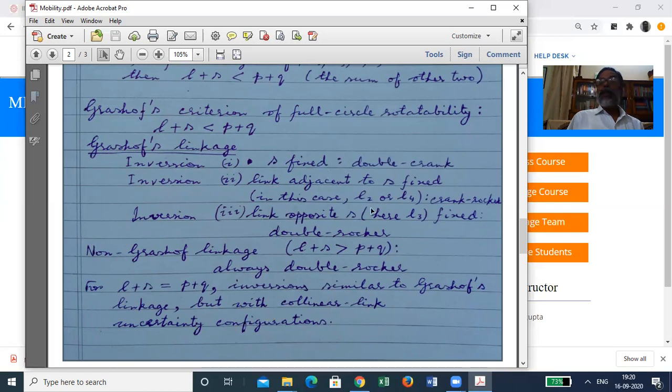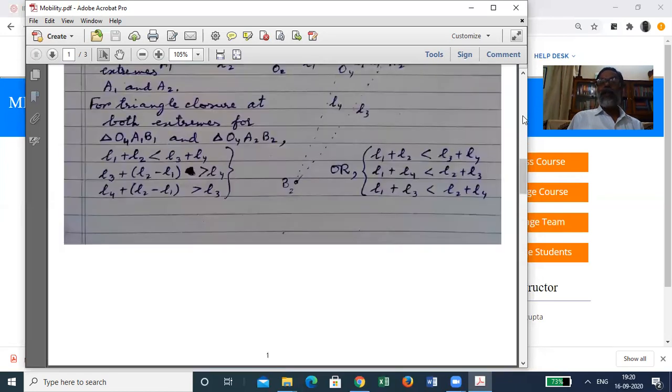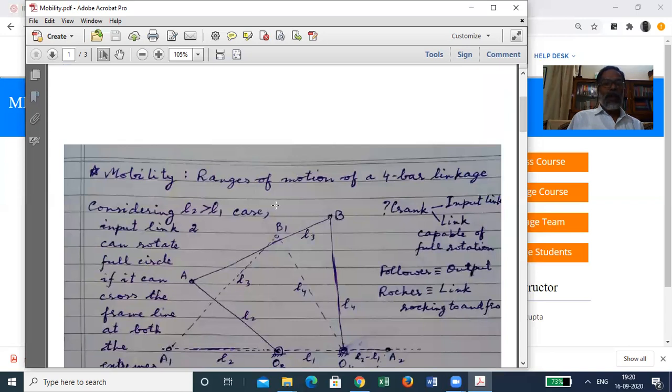Now, this is the full circle rotatability conditions, the full set of conditions for the ordinary 4-bar linkage. That is 4R. All the pairs are revolute pairs. Now, what about 3R1P?